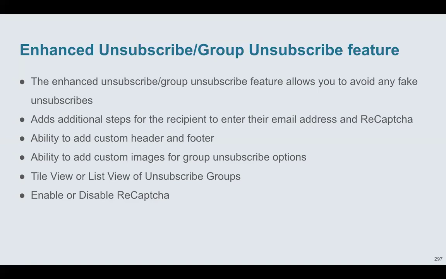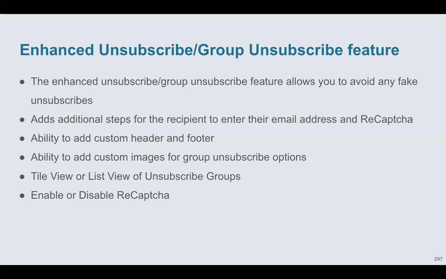We had a feature through which we were identifying certain bot events and trying to purge them. But we really needed a feature that would completely avoid any bot or fake unsubscribes, and that's what we have done in the latest release. So how do we do that?